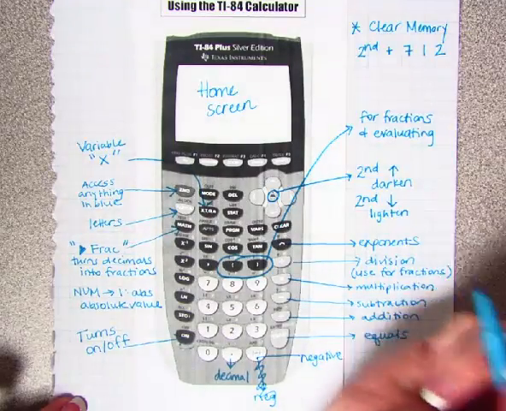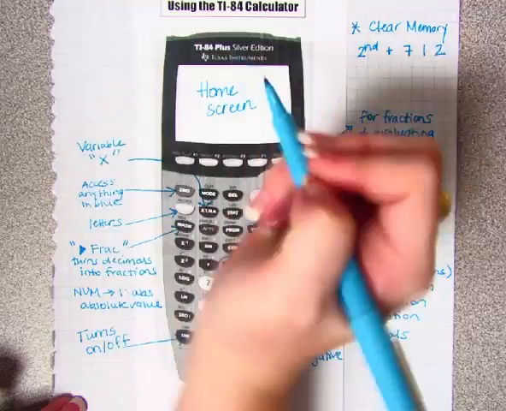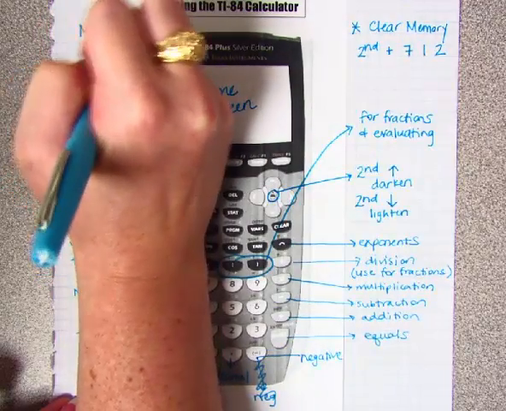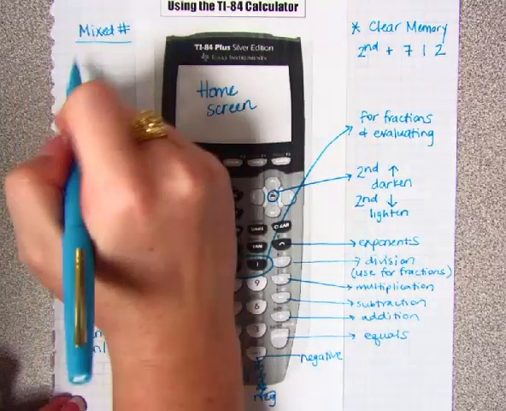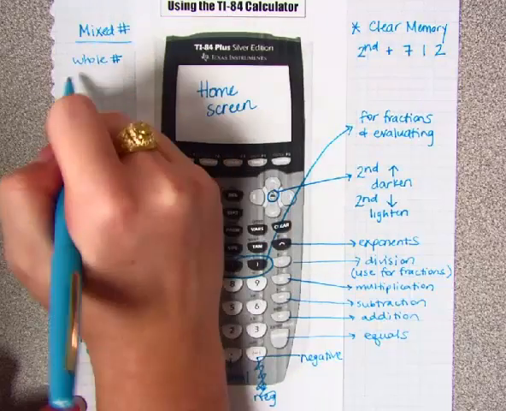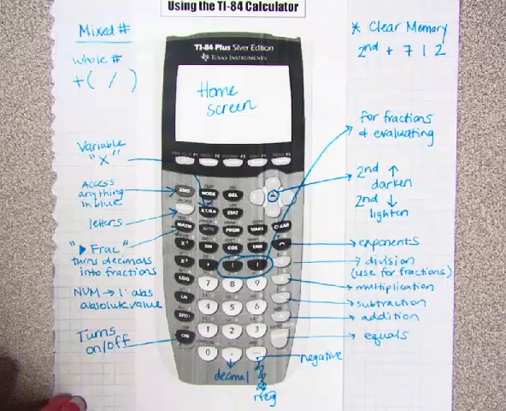The other thing that you'll be asked to do, especially on today's worksheet, is to type in mixed numbers. So to do that, you type in the whole number first, and then plus, and you put the fraction in parentheses.